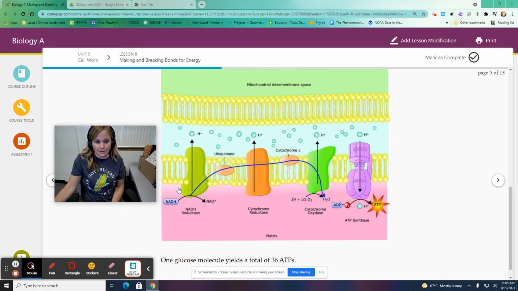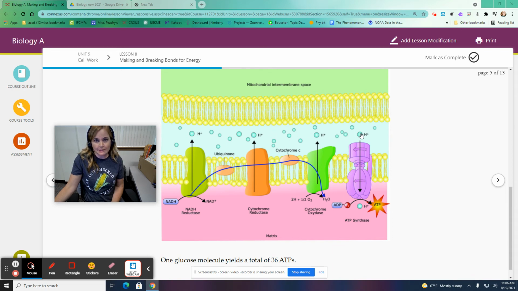Okay? So they're passing those electrons on, and those electrons are used to make water. And they're also pumping some hydrogens inside to create a gradient again. We've seen this before in photosynthesis. So you have a hydrogen ion gradient. You have more hydrogens inside than you have outside. This is the mitochondrial matrix. This is inside that membrane space. And since there are more hydrogens here, it's unstable.